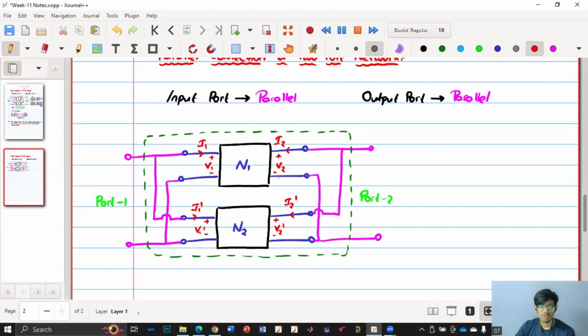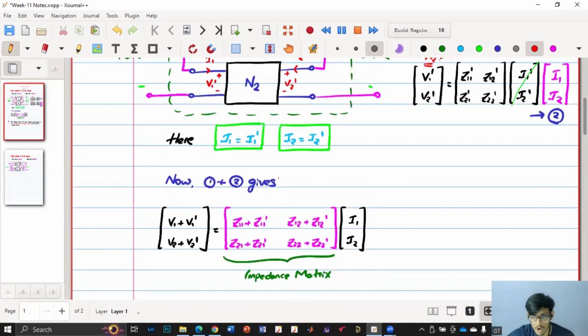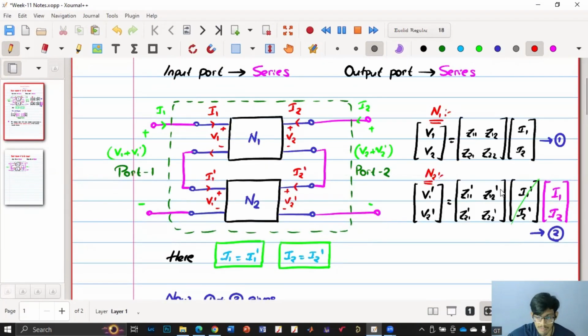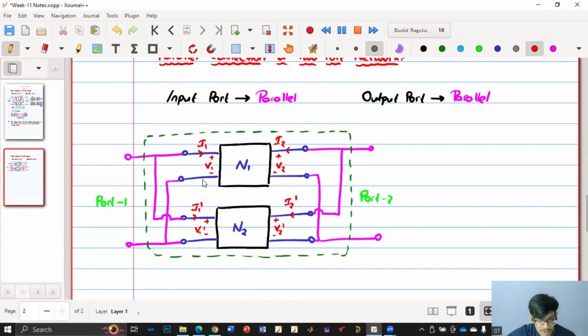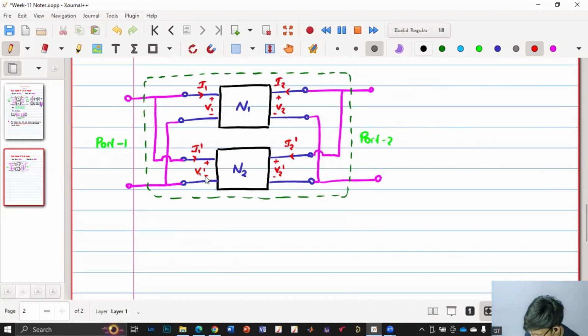Okay, so if you see in our previous case, as the currents are same, on the RHS side, currents are common, so we could directly add the Z matrices. Whereas in this case, the voltages are same. If you see here, we have V1 equal to V1 dash and V2 is equal to V2 dash.